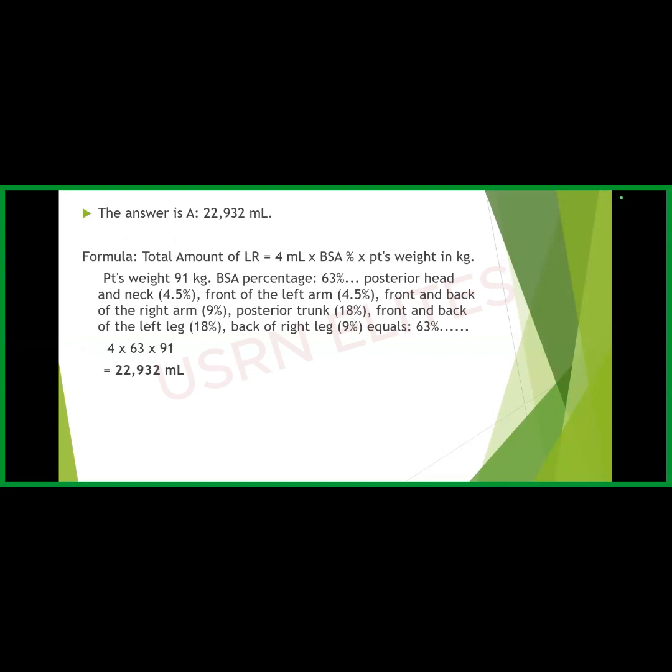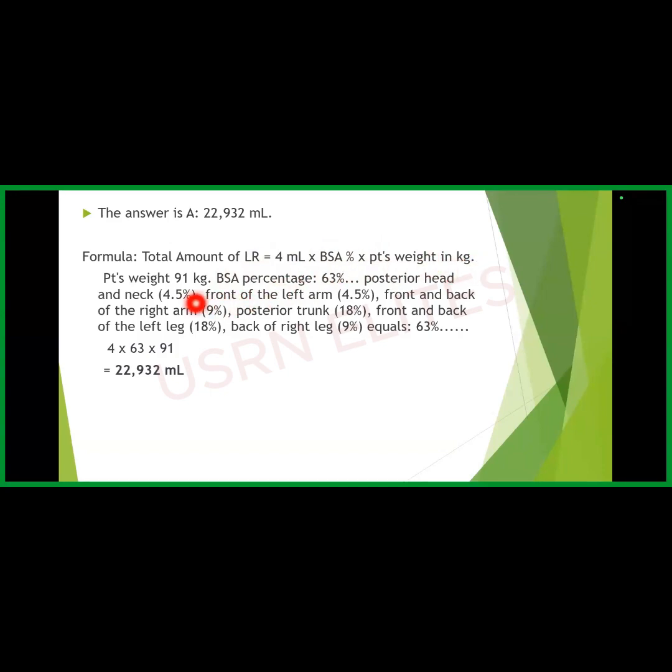So with the percentage, this is the formula. For the total amount of lactated Ringer's, you see that it has been specified. We have 4 mils, which is the constant, times burn surface area, times patient weight in kg.